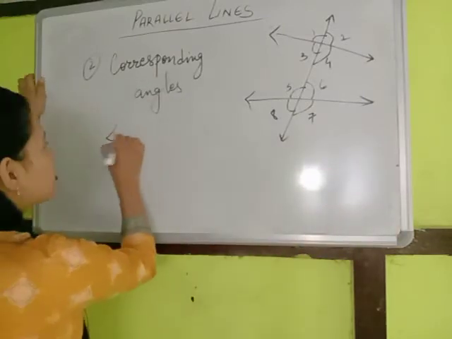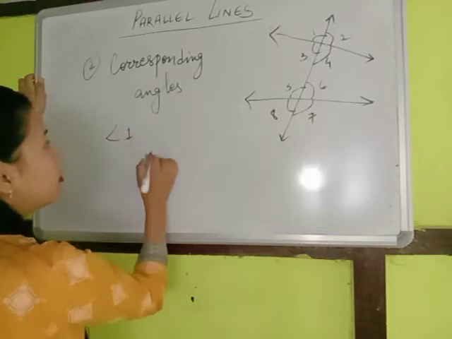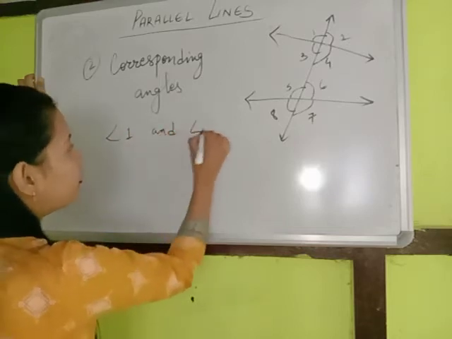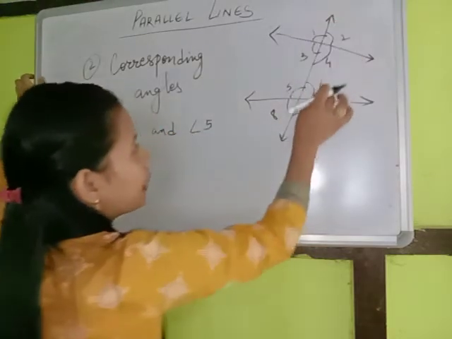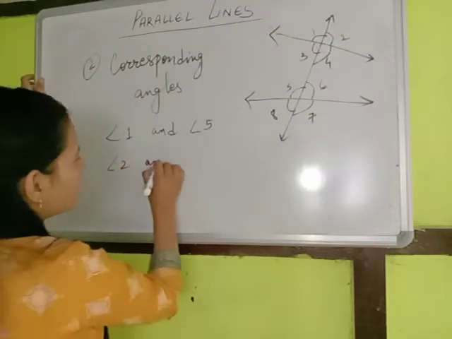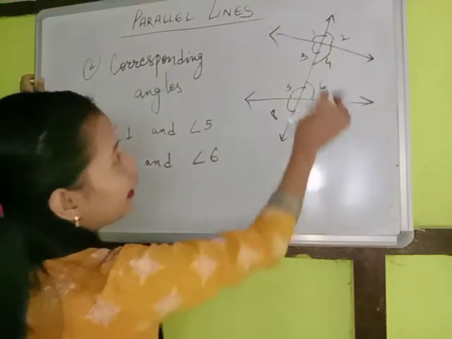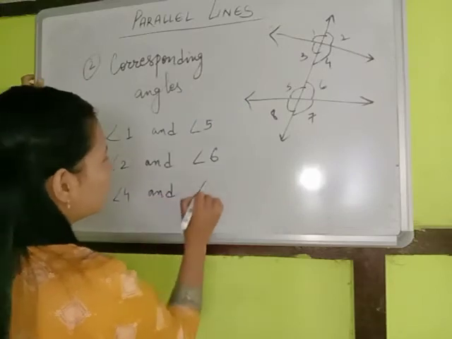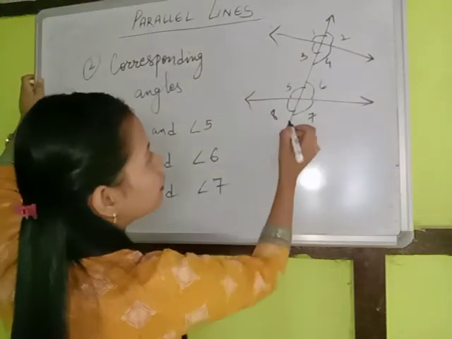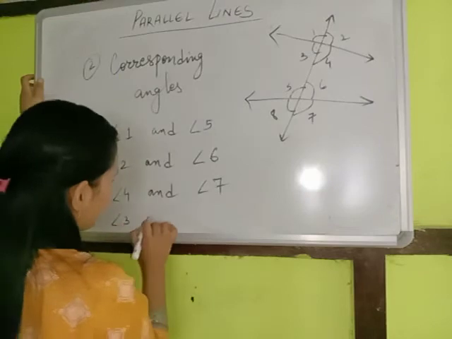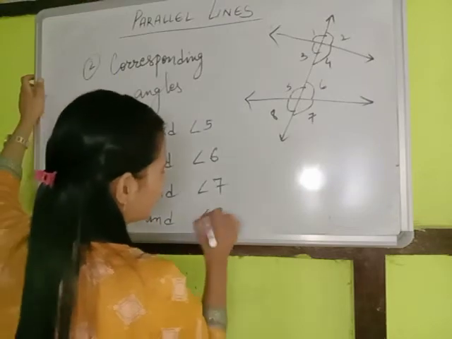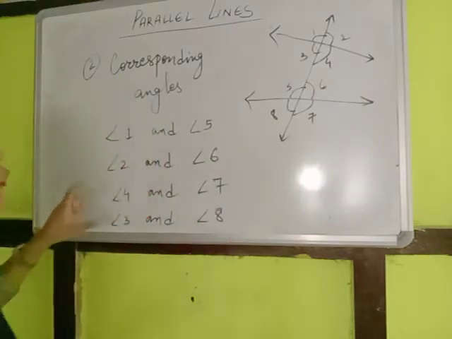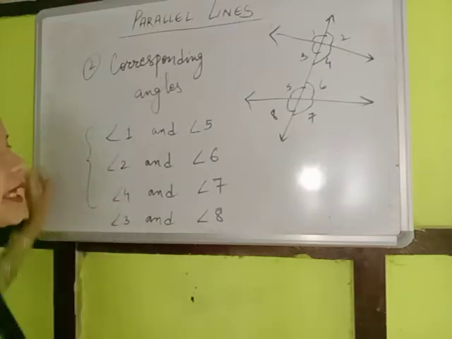The corresponding angles are angle 1 and angle 5, angle 2 and angle 6, angle 4 and angle 7, and angle 3 and angle 8. Children, there are 4 pairs of corresponding angles.